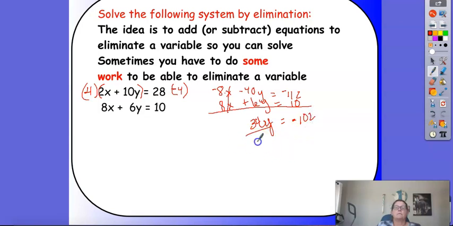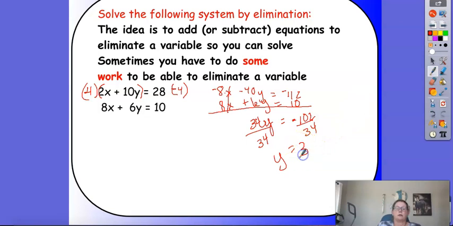So now I divide by 34. Divide by 34. Y is equal to, let me get my calculator out, but I think I know the answer. 102 divided by 34, it's a 3. Okay, so I have just solved for y.